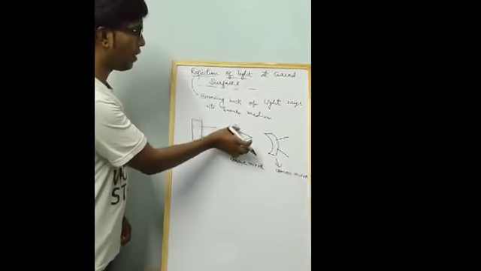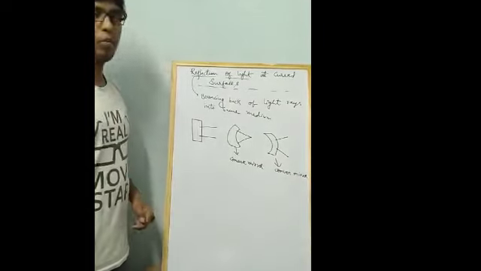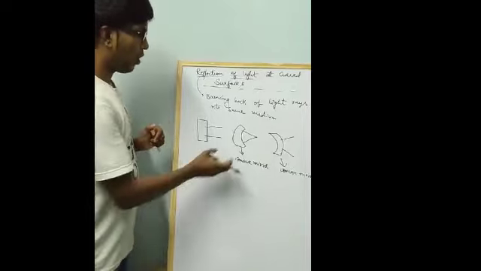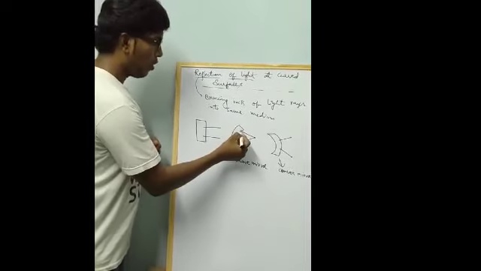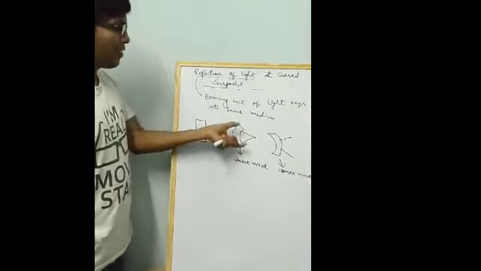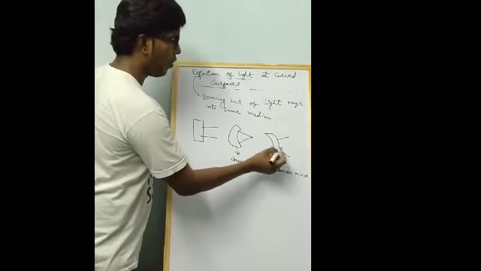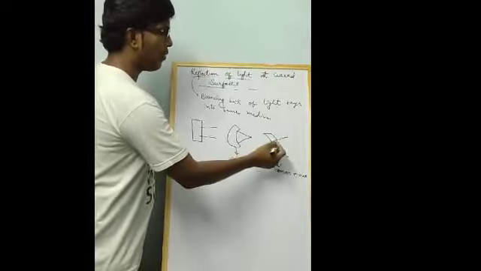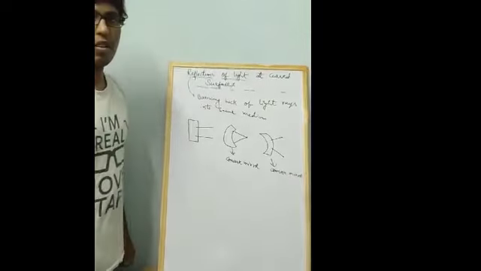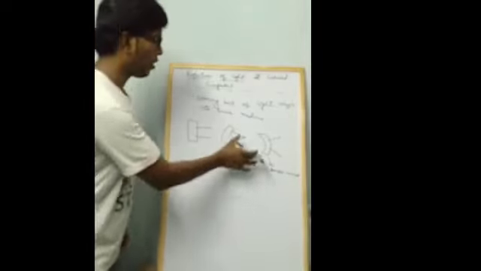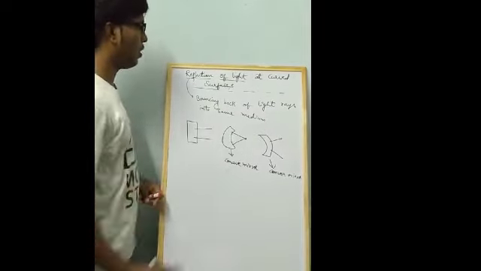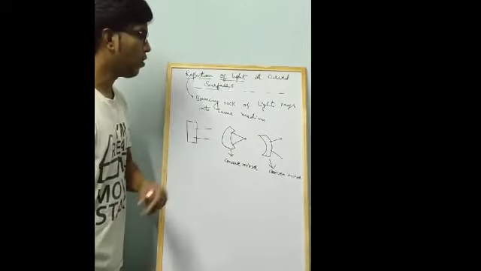Whenever light rays fall on the concave mirror, after reflection the light rays converge at a point, and when light rays fall on the convex mirror, after reflection the light rays diverge away from each other. So this is what we learn about the concave mirror and convex mirror.